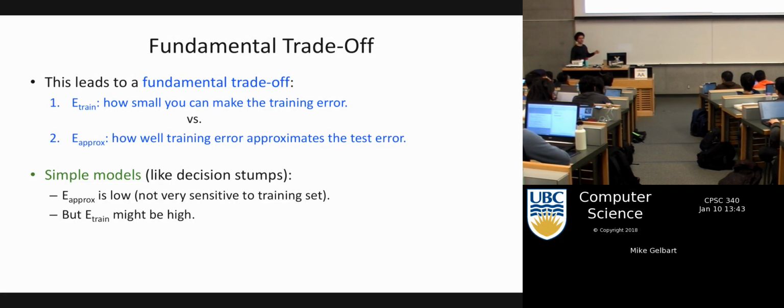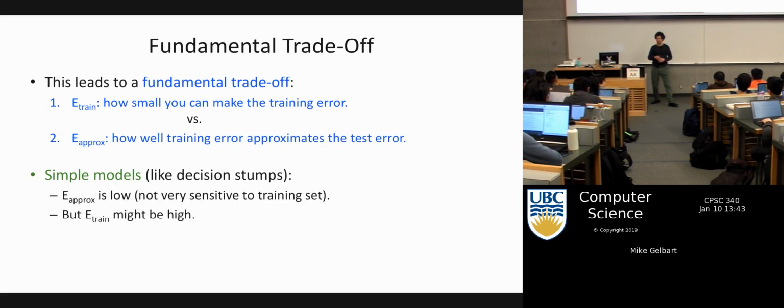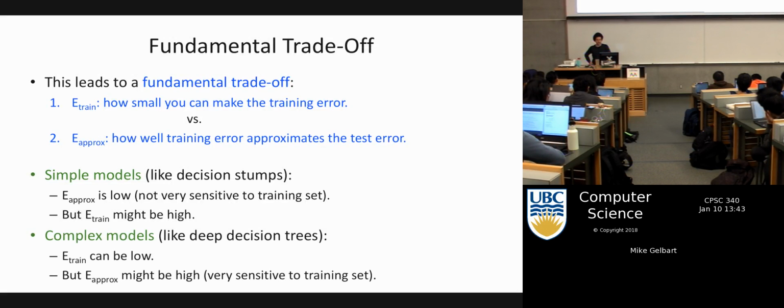Versus how small can I make the approximation error? In other words, train and test error being similar to each other. And again, it has to do with this thing of simple models versus complex models. And you will see more examples throughout the course of what we mean by simple versus complex.